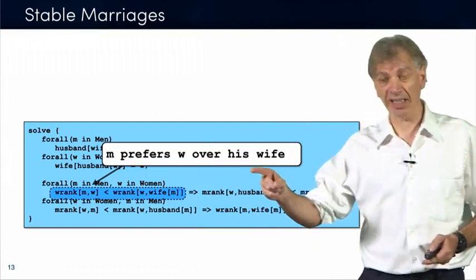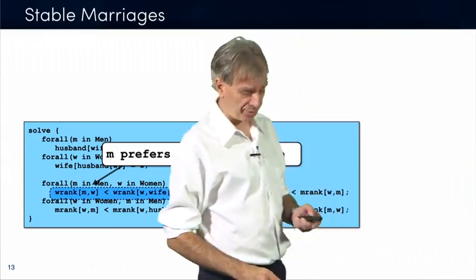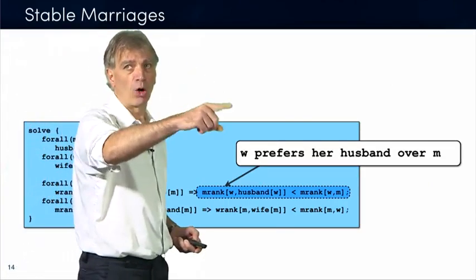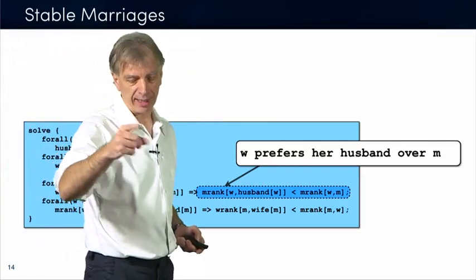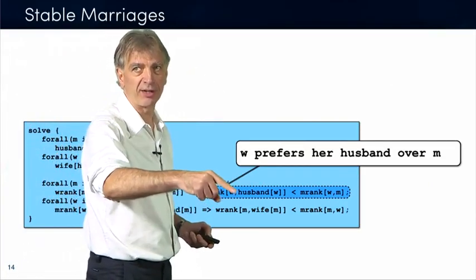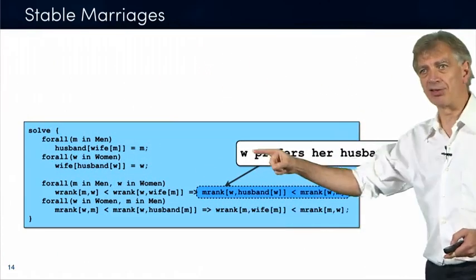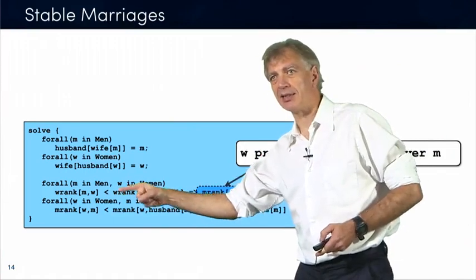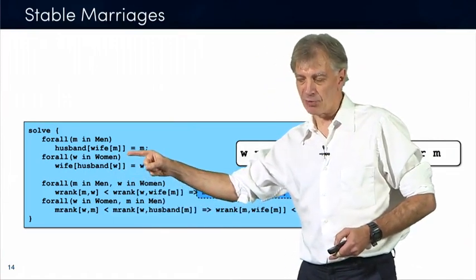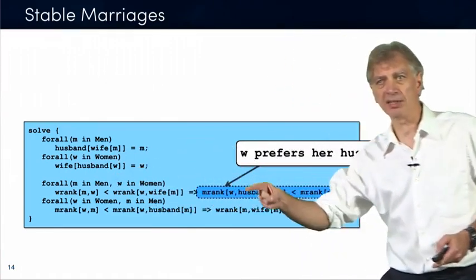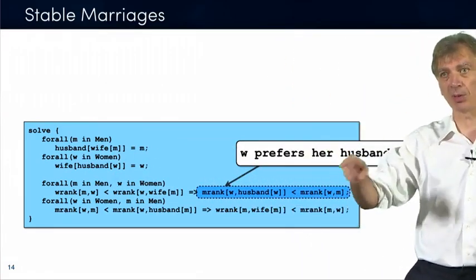Now, if this is the case, what we have to make sure of is that the woman prefers her husband over M. And that's what the condition you see here is expressing. So essentially, if a particular man prefers a particular woman over his spouse, then it must be the case that that woman prefers her husband over this man.